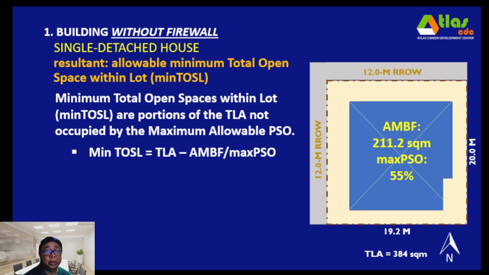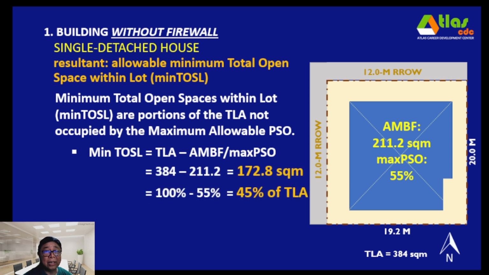So you only have to deduct whatever AMBF or maximum PSO we have computed earlier as the most stringent. So therefore, our resultant minimum TOSL will be 172.8 square meters or 45% of the TLA. Which means this is 45, this is 55%, for a total of 100%.